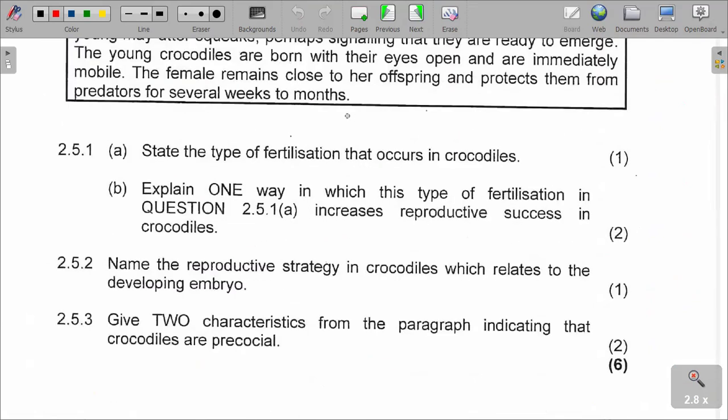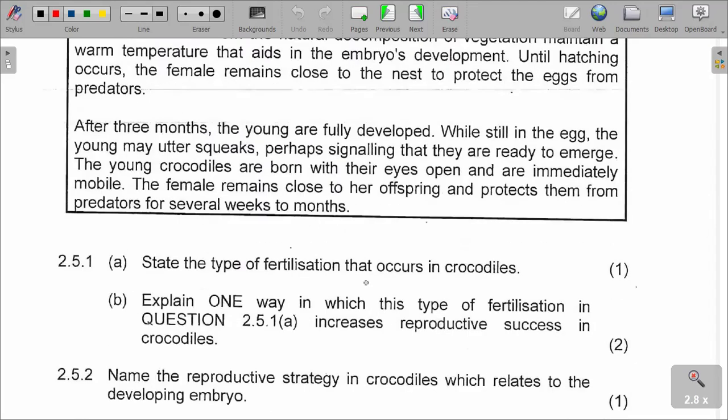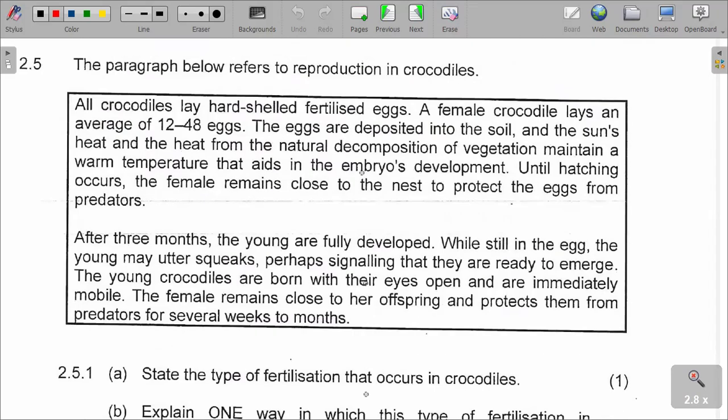So we are coming back to fertilization again. We are given reproduction in crocodiles. Crocodiles lay hard-shelled eggs. A female crocodile lays around 12 to 48 eggs.